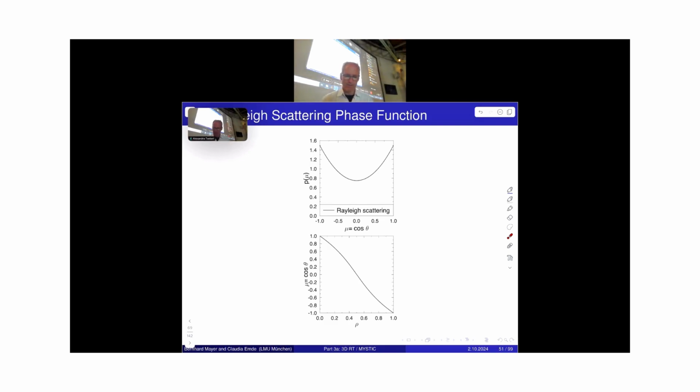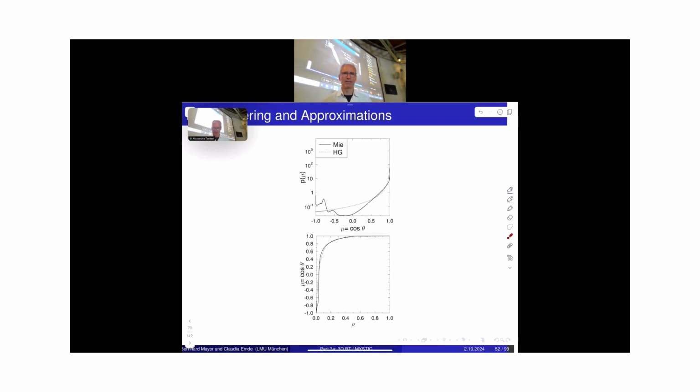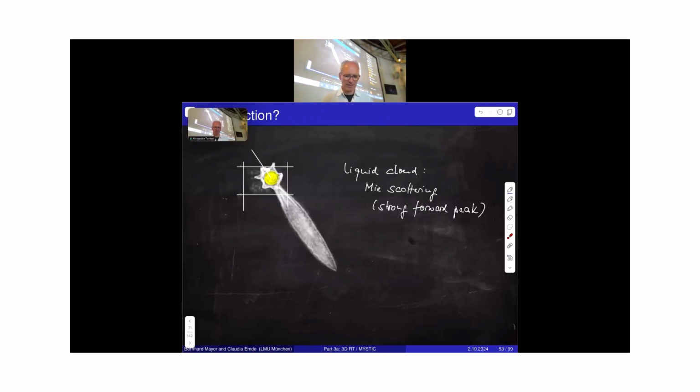While for more complex phase functions, like the Mie phase function here with a strong forward scattering peak, remember we don't plot as a function of angle, but cosine of angle here. -1 is backward, +1 is forward, and here's the rainbow. It's the forward scattering peak. If you translate this to a picture, it looks like this. So this is the angular distribution of the phase function.